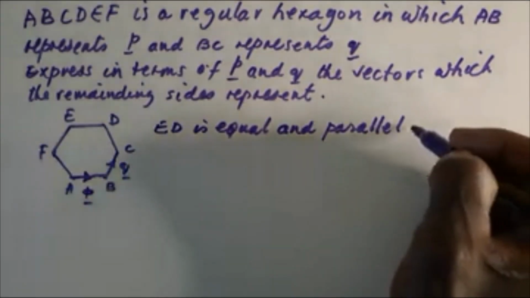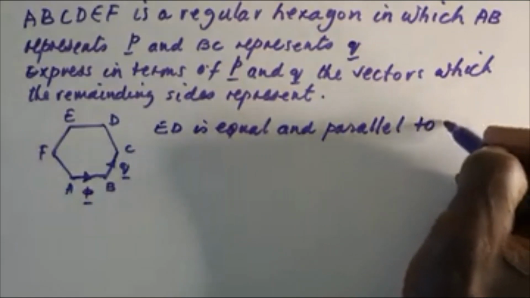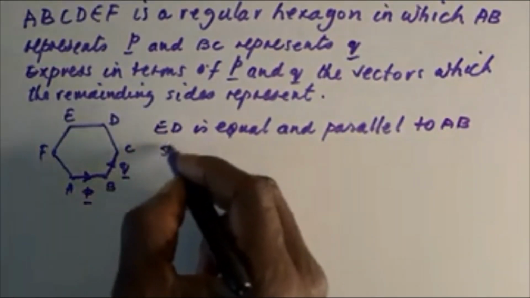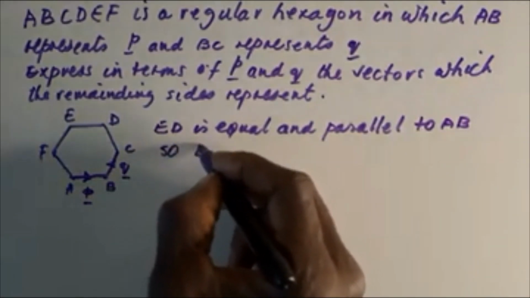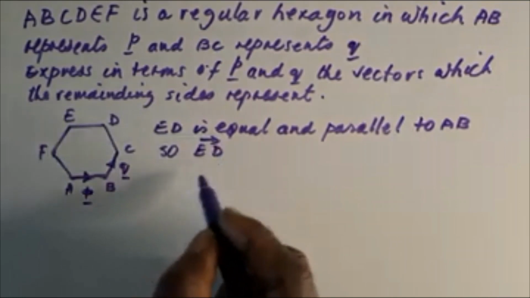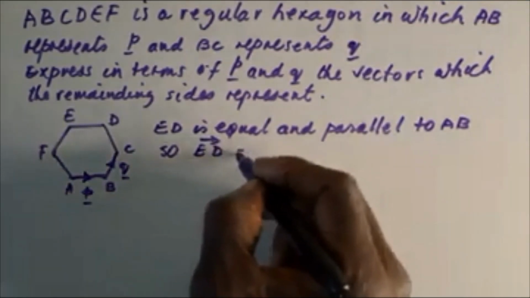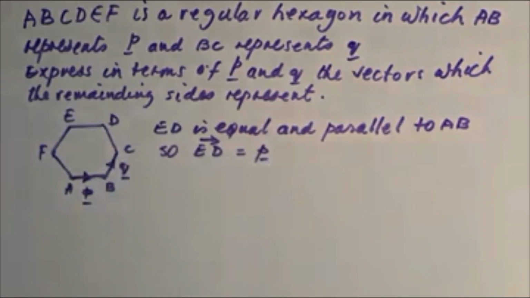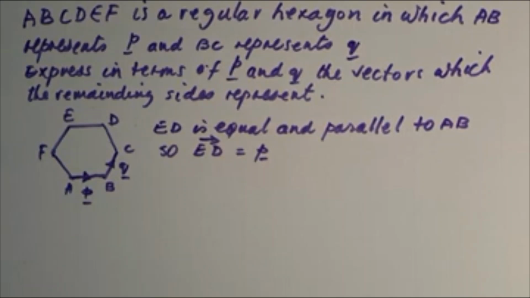So it's actually P. So we can write that ED, the vector, the displacement vector, ED is equal to the vector P, or is represented by the vector P.